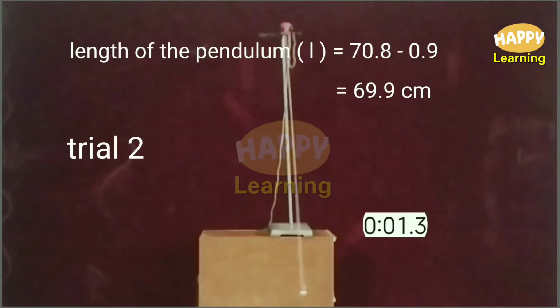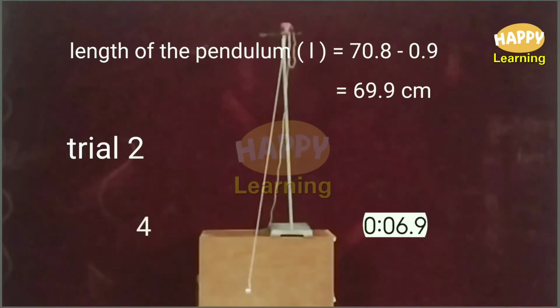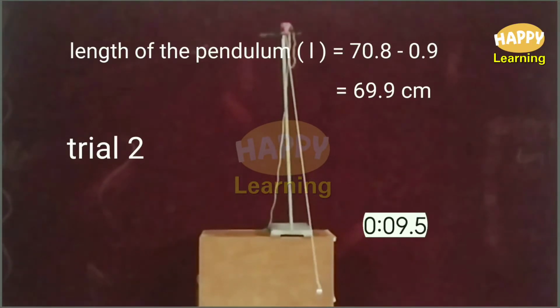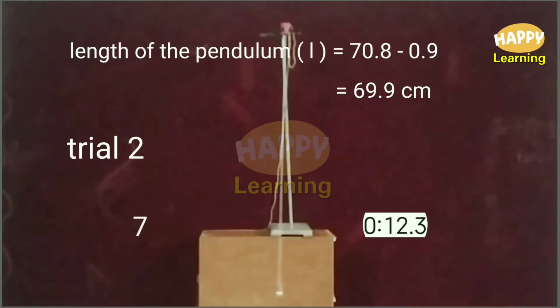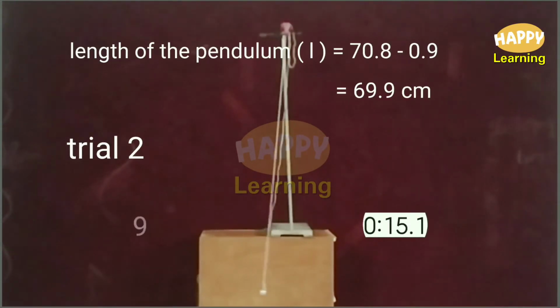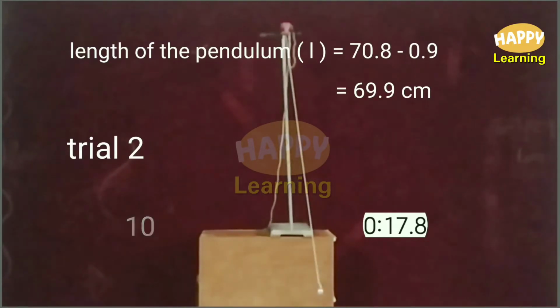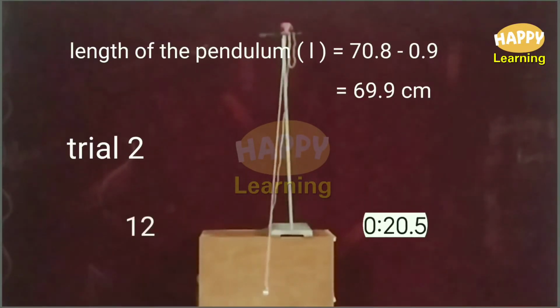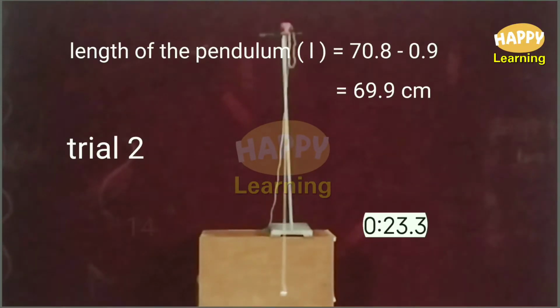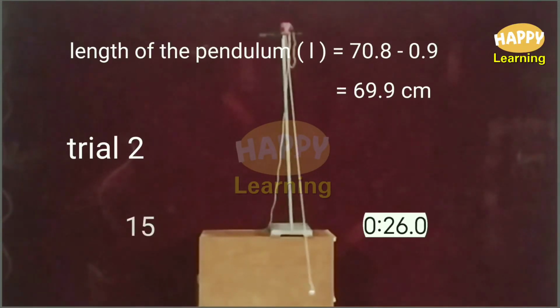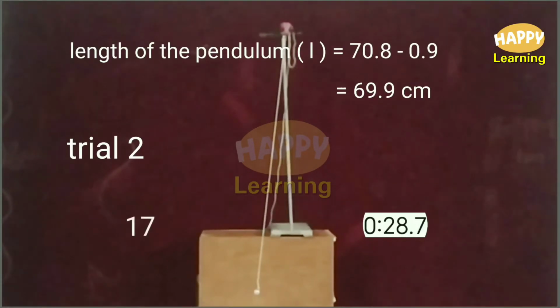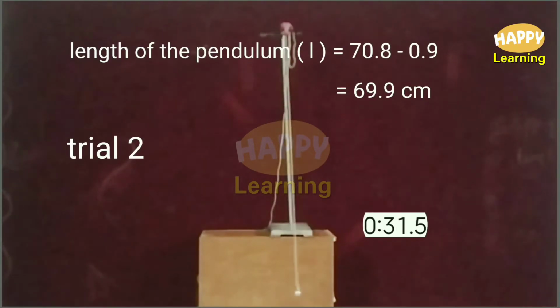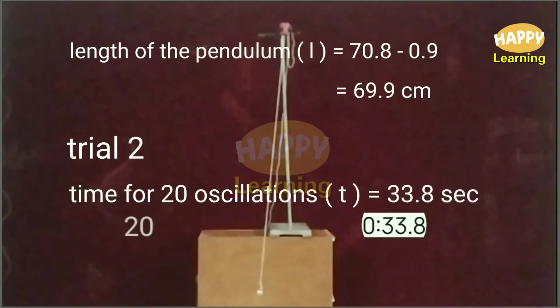Start. 1, 2, 3, and so on up to 20. So the time for 20 oscillations is found to be 33.8 seconds.